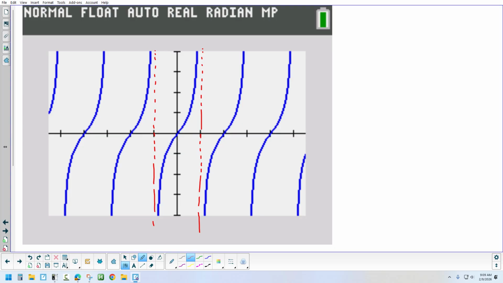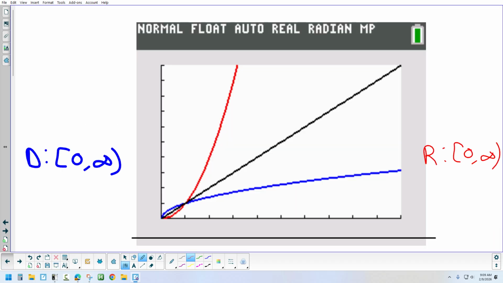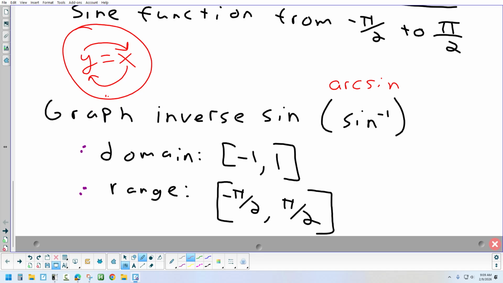All right, and you said that this left edge was what number? And the right edge? π/2. So -π/2 to π/2, is it going to be the same as that? What do you think?